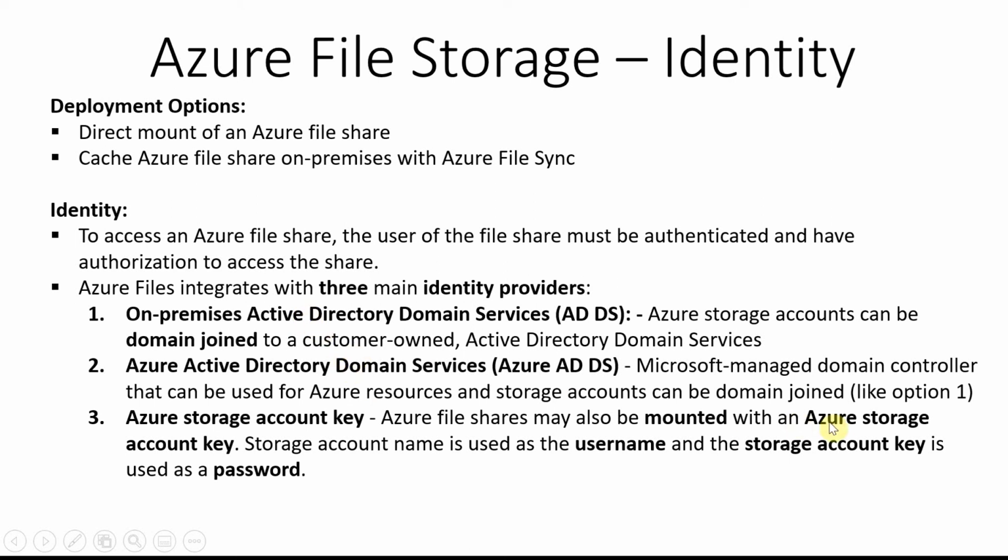But this is also an option. If you don't have Active Directory, you can directly use your storage account key, where your username is your storage account name and the password is your storage account key that you get when you create a storage account. So these are the options that you have in identity space.